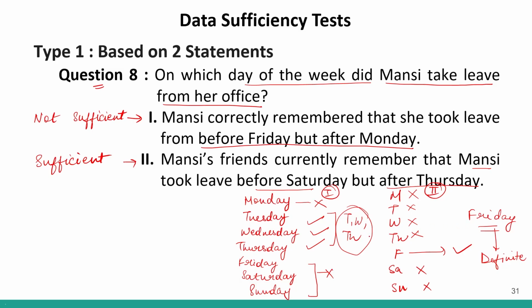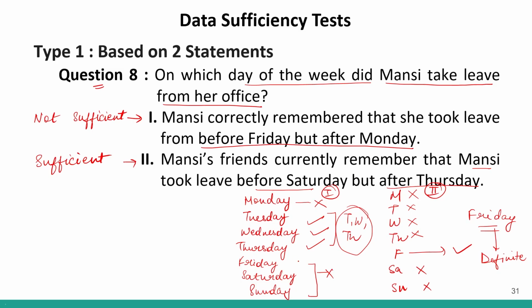Friday was not even considered in statement number 1. So whether this is true or not, as I told you, in data sufficiency, we do not have to find the answer. We do not have to find the solution. We just have to check whether using this data, we are able to find the answer. These answers could be different.